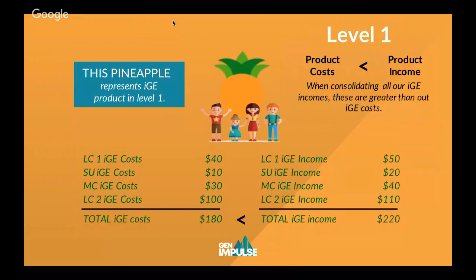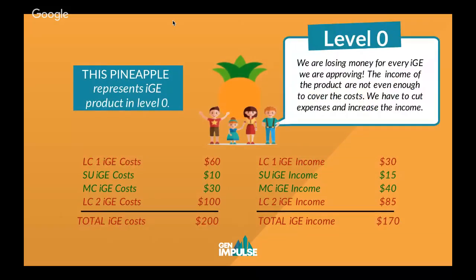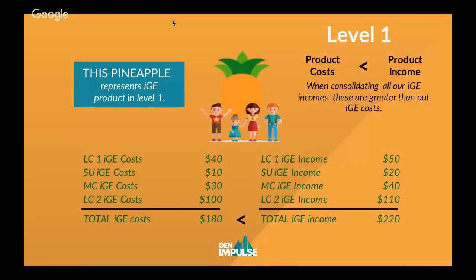Now going to level 1, it means that your product income is higher than your product costs. A big difference between these slides is that in the case of level 1, the LC1 IGE income and LC2 IGE income are higher than the LC1 IGE costs and LC2 IGE costs.